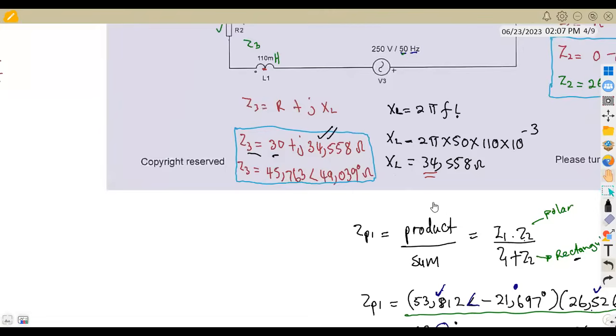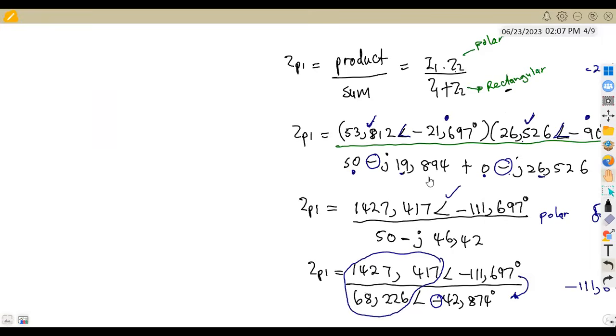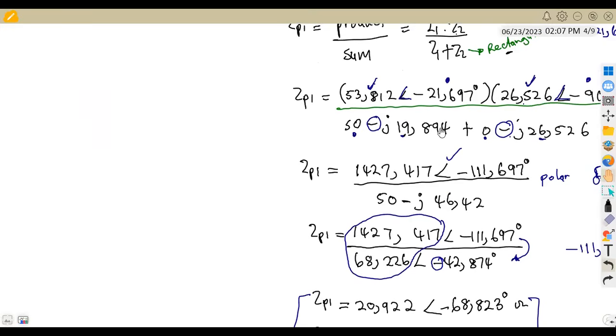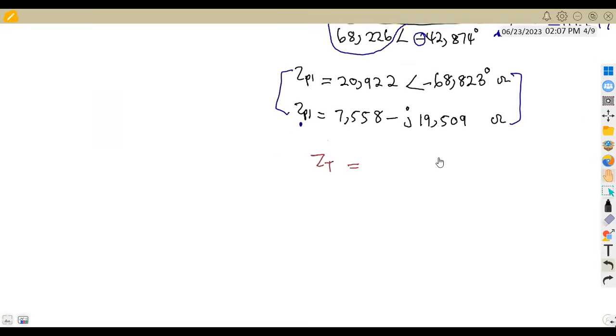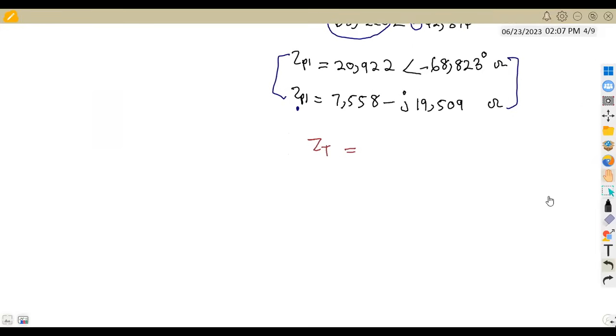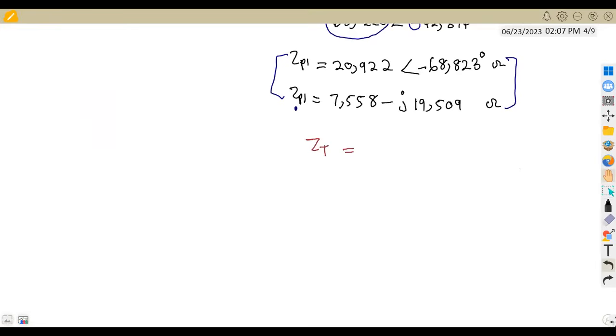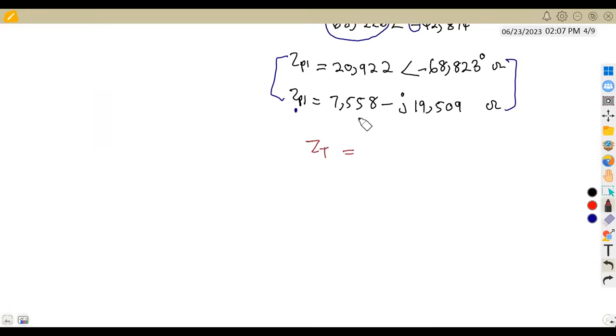All right, so let us take this value here. This is where I need my ZT. So remember our value, guys, for Z3. Our total ZT is going to be Z3 plus the parallel combination that we got.